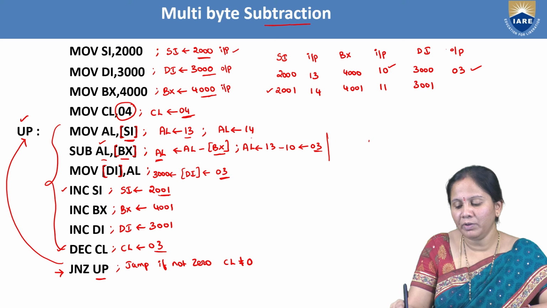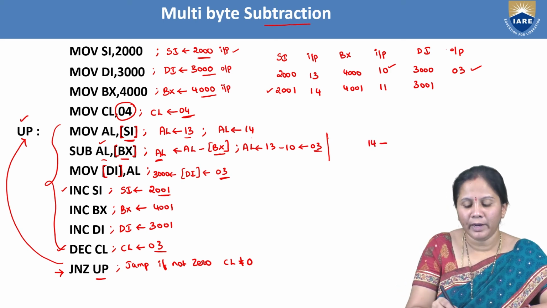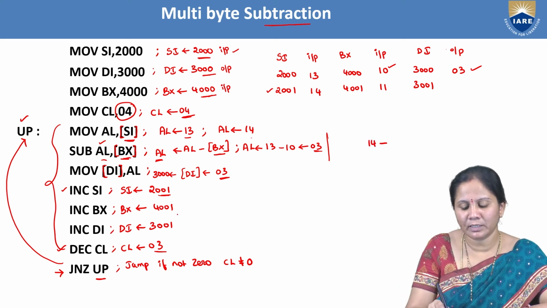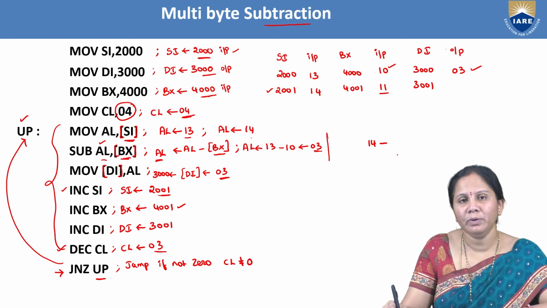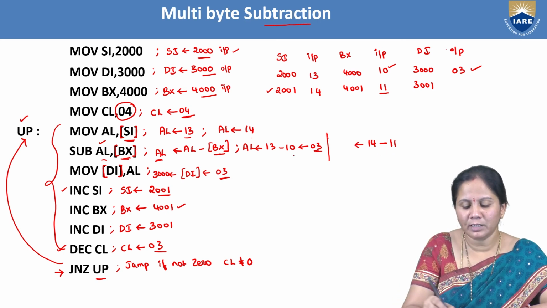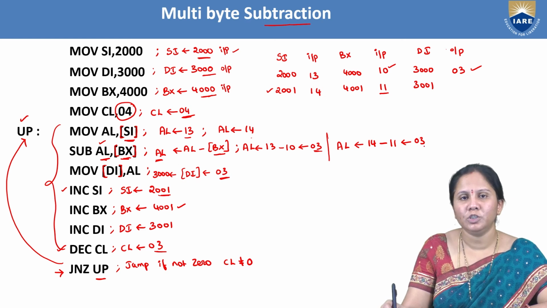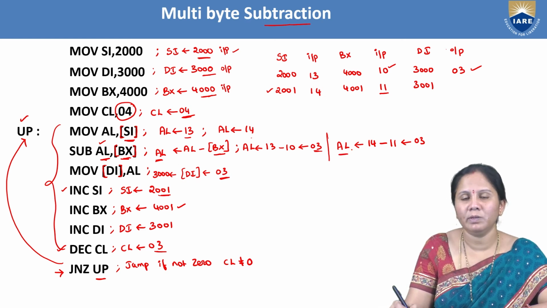AL has 14, and presently the value of BX is 4001. In 4001 there is the value 11. We will perform the subtraction operation and the result will be stored in this AL register. So after performing the subtraction operation, 03 will be there, and 03 will be stored in the AL register.